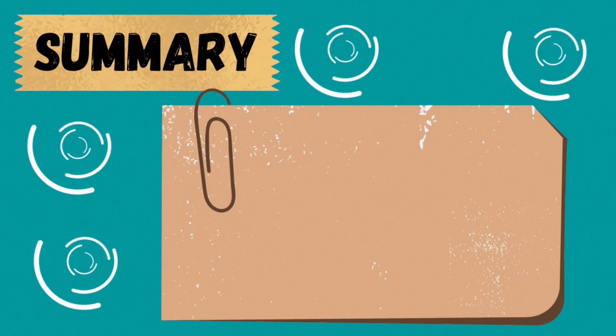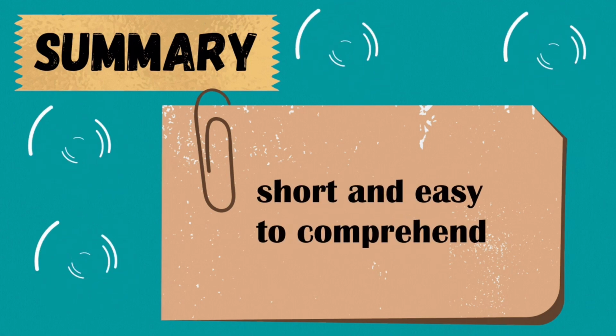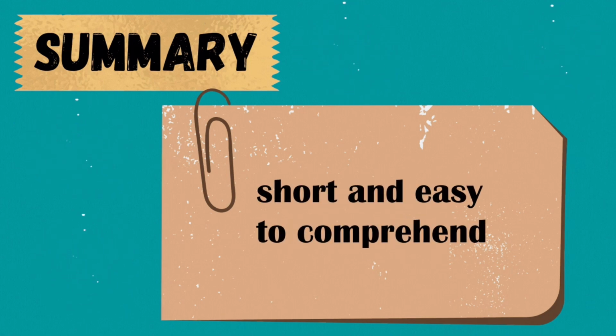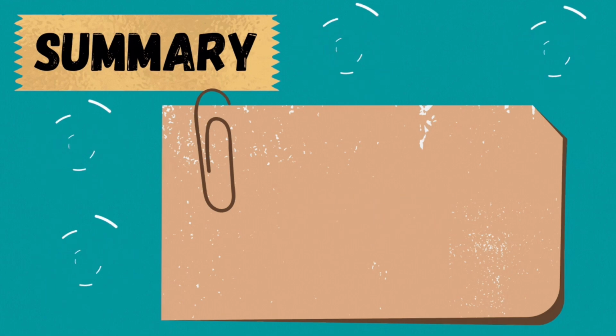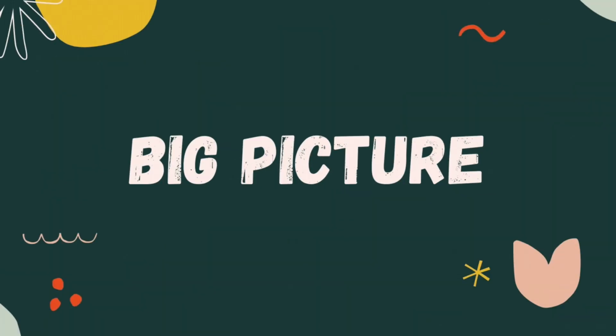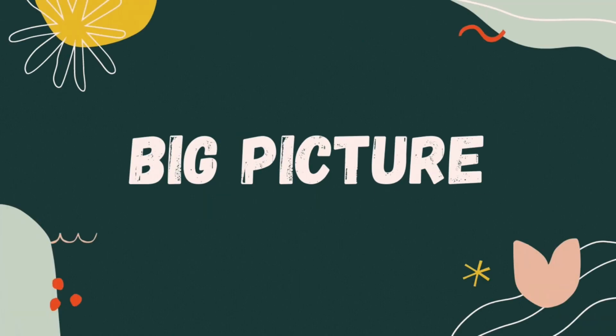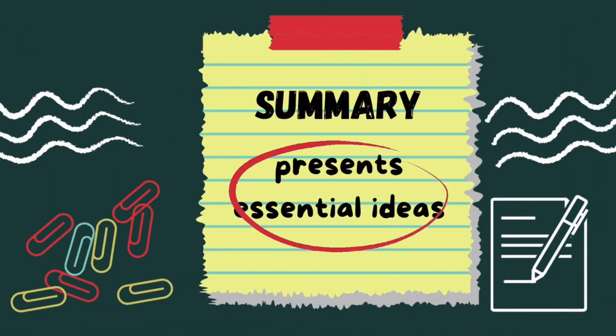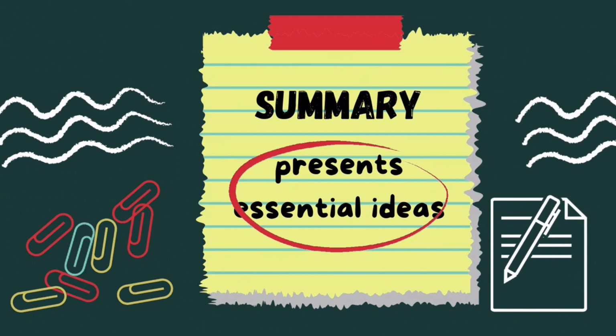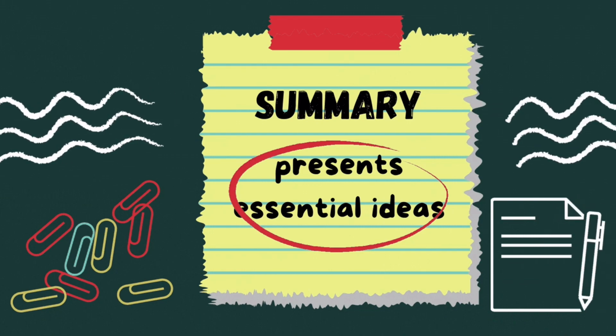This is why a summary is usually short and easy to comprehend. A good summary focuses on the big picture and does not pay so much attention to minor details. Its main goal is to present the essential ideas in a written piece.